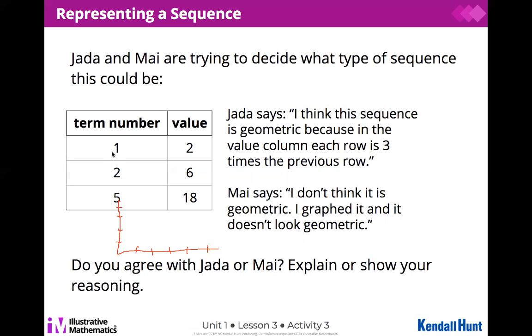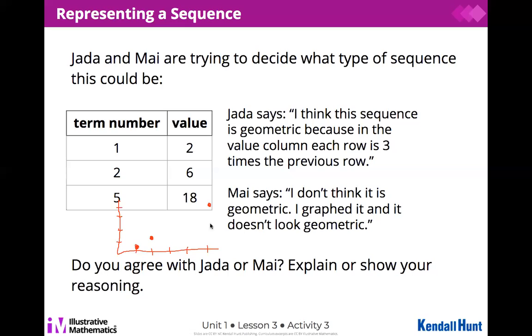All right, so term number one, which is right here, only has a value of 2, so that's just above the axis. Term 2, it goes up to 6. And term 5, 1, 2, 3, 4, 5, goes up to 18.